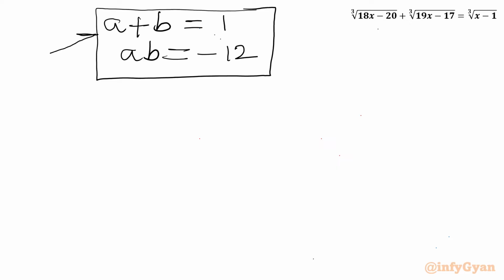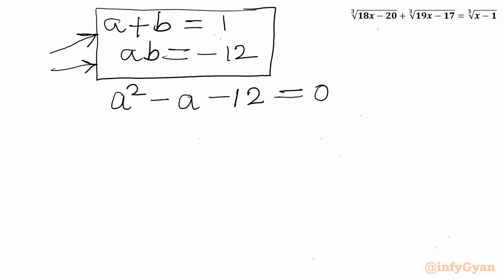This equation is the sum of roots and this equation will give us the product of roots. So I can frame that quadratic equation in a itself. It would be a square minus (sum of roots) times a plus product of roots. So minus 1 times a, plus product of roots, which is negative 12, equal to 0.